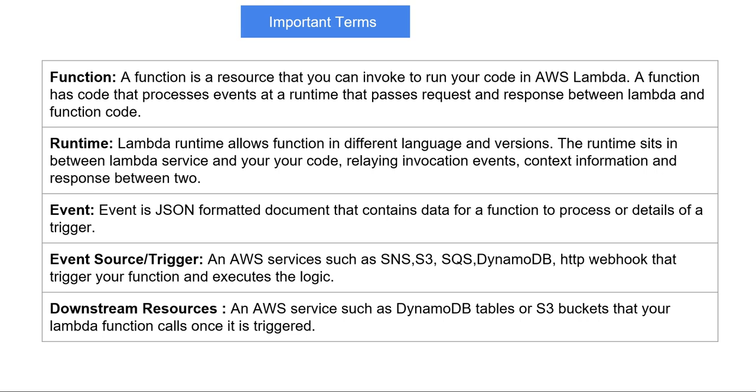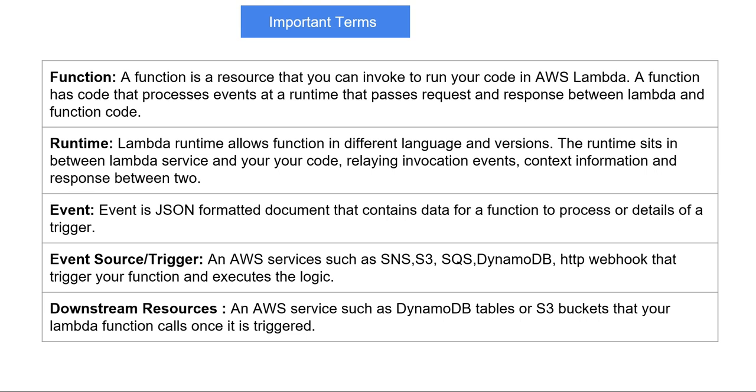Second one is event source or trigger. Let's say we are developing a Lambda function for when somebody uploads an image to AWS S3 storage, and the Lambda function is invoked on the upload event.